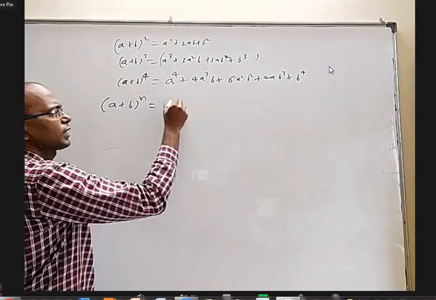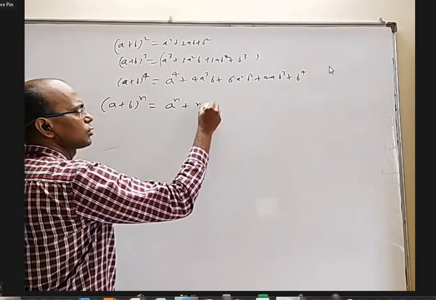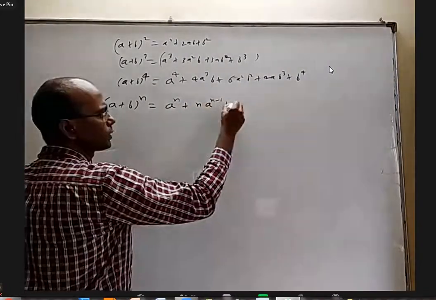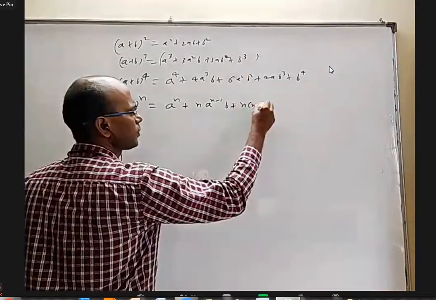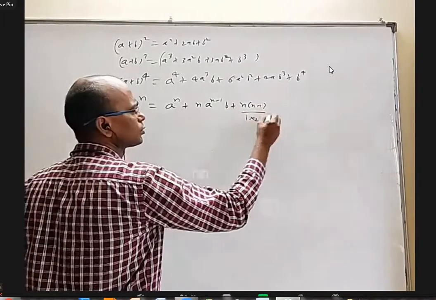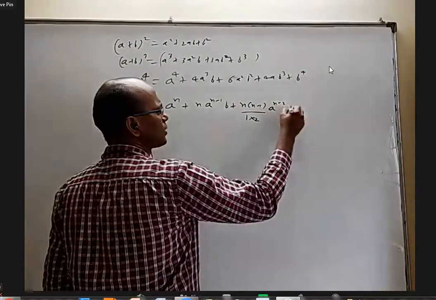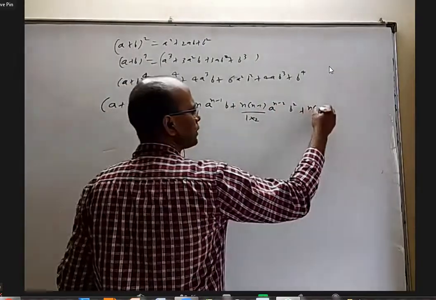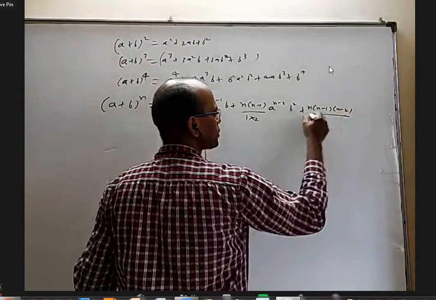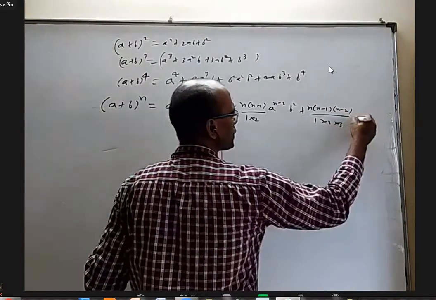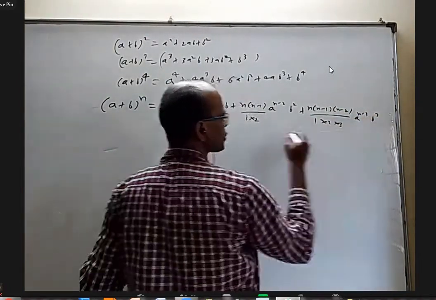The formula is a power n plus n into a power n minus 1 into b, plus n into n minus 1 by 1 into 2 into a power n minus 2 into b square, plus n into n minus 1 into n minus 2 by 1 into 2 into 3, a power n minus 3 into b cube.